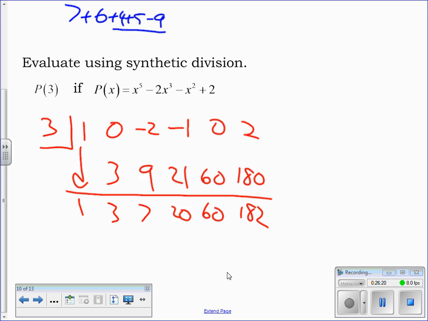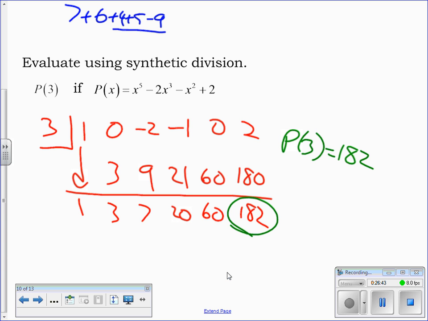When I am evaluating, here's the cool thing. I only care about that. All I care about is what I would be getting as my remainder. Okay? So what this tells me is P of 3 is 182.